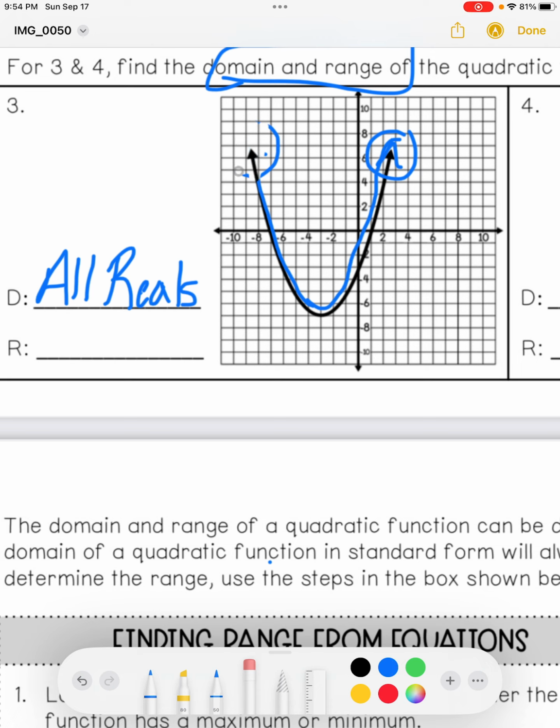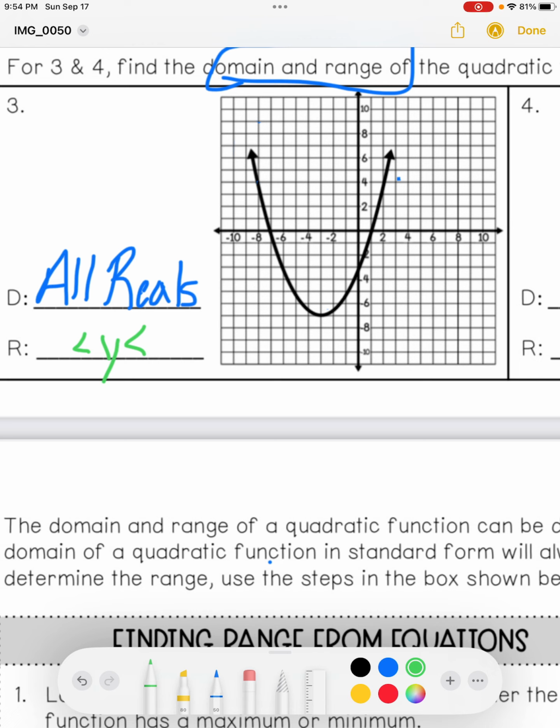Now, we're going to look at the range. First question you ask yourself is, what kind of values do I use for range? Well, we use y values. And then we say, okay, I know I use y values, but what directions do the y values go? Well, they go up and they go down.